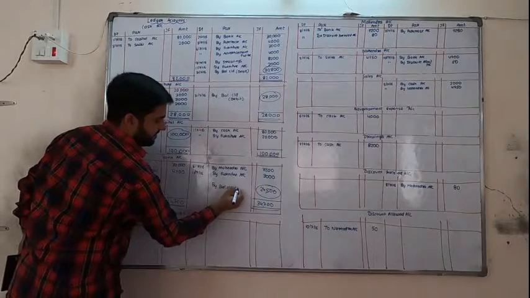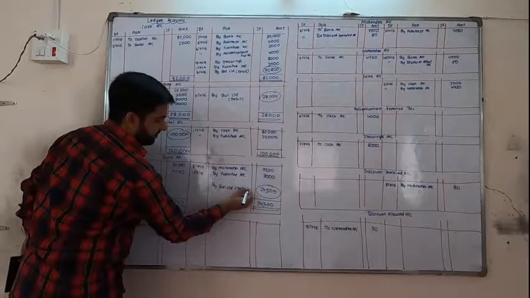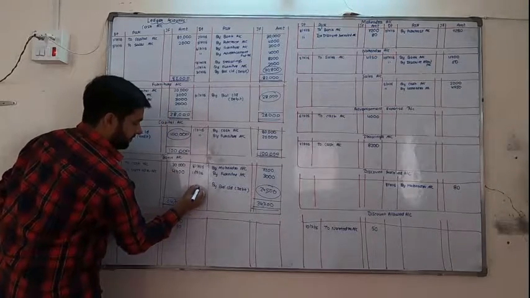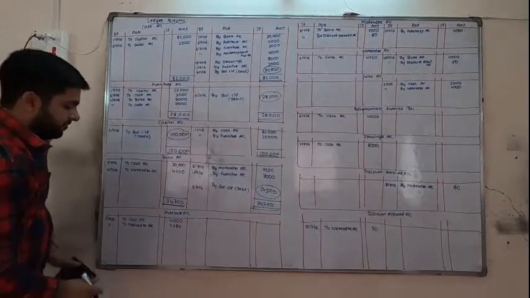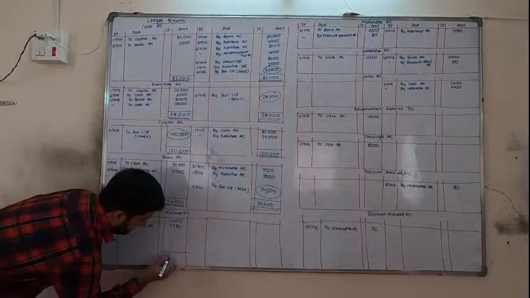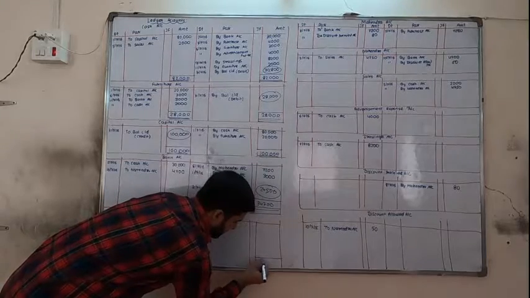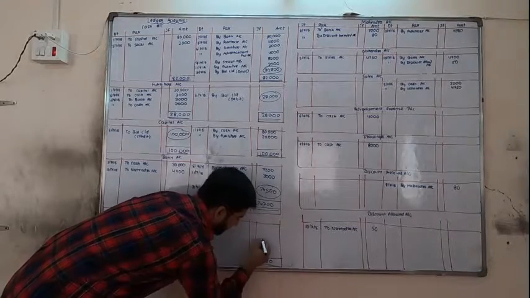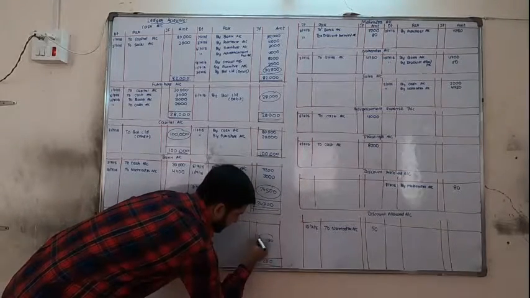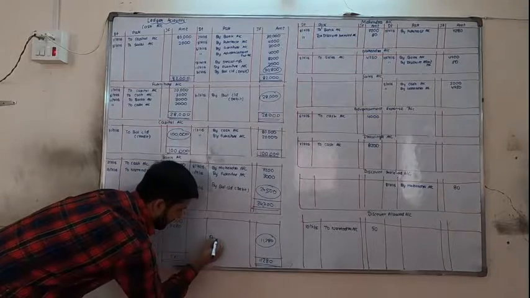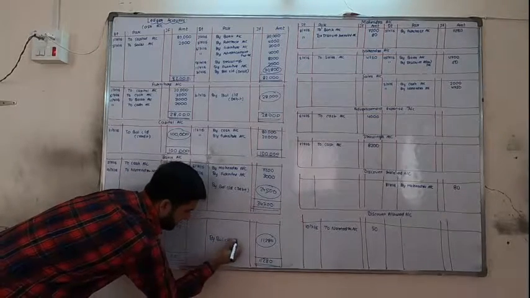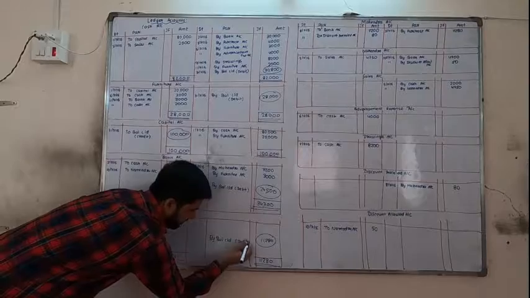By balance carried down, debit. Again for purchase 11 to 80, by balance carried down, debit balance.